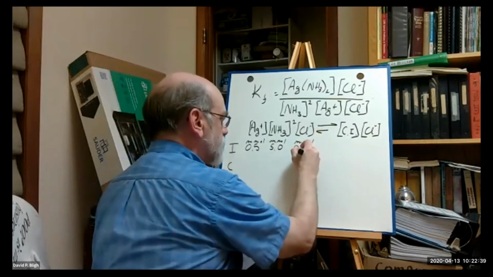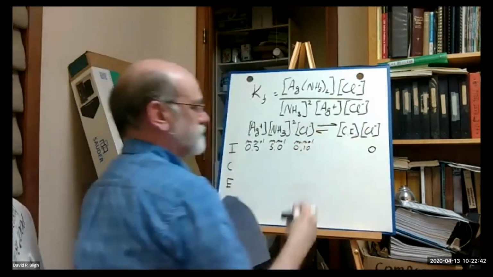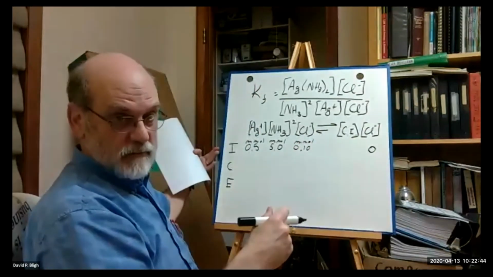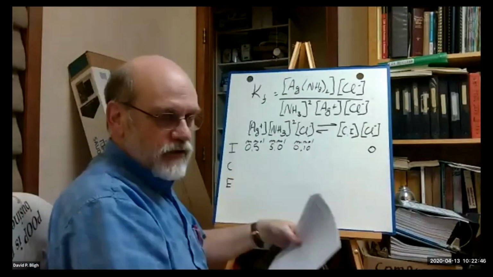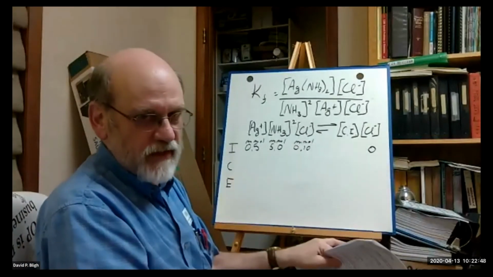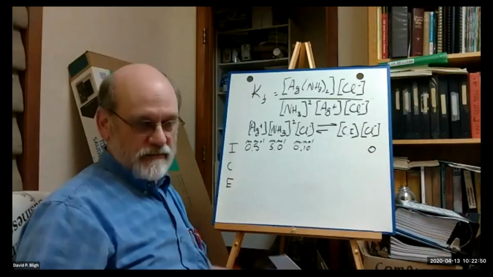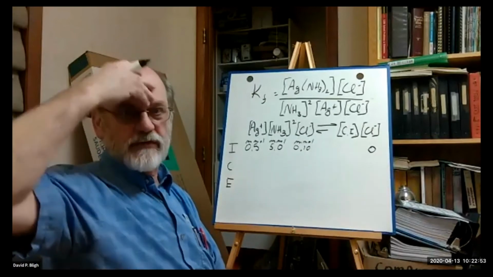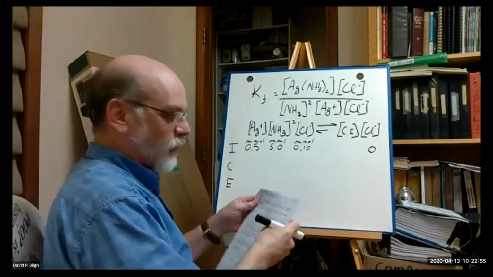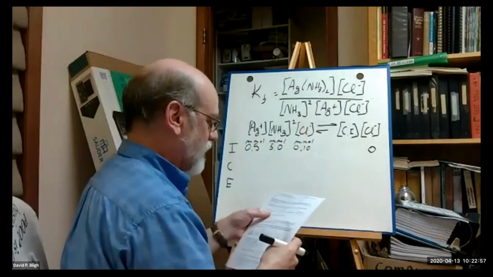Now this is 0, right? Because this is an initial, right? This is, we've added it to the flask, but it hadn't reacted yet, right? So you have to think Twilight Zone. It's all in your head. Before anything happens, this is what it looks like.